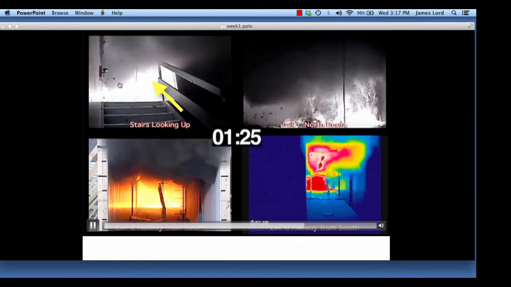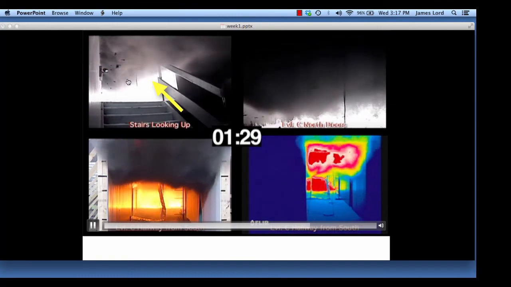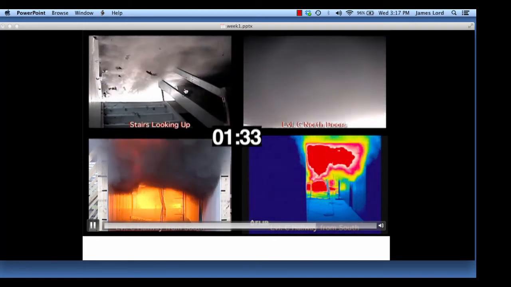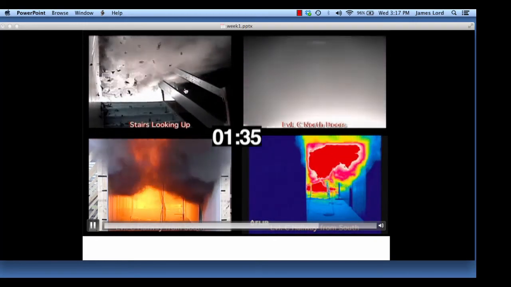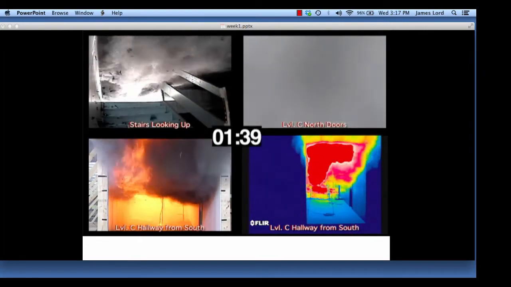If you look in this upper left corner where that smoke is, the layer is trying to come down, but if you see all this swirling in the smoke, that's the air entraining in from below. So the air is pushing up, the cold, fresh air, to feed the fire, and it's keeping it from coming down.